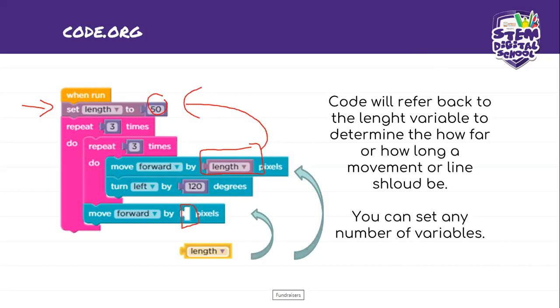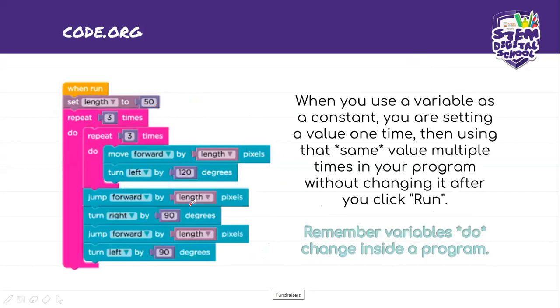Okay, guys, I also just quickly want to remind you, remember variables do change inside a program. So we will also start writing variables that don't have a set value that might change. And yesterday we used the example of age, where every year you have to add 1. So your value will change here.